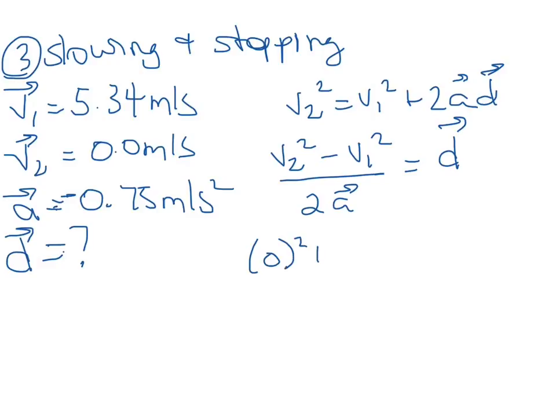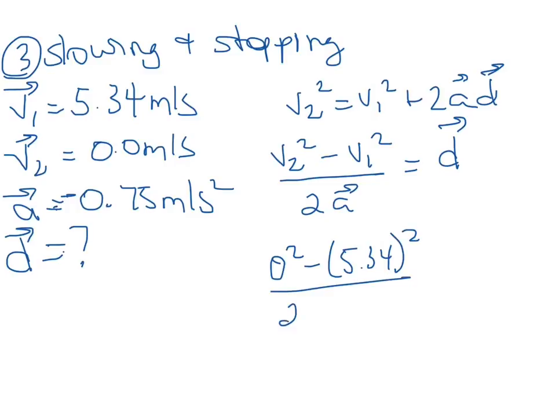So we have 0 squared minus 5.34 squared all over 2 times negative 0.75.